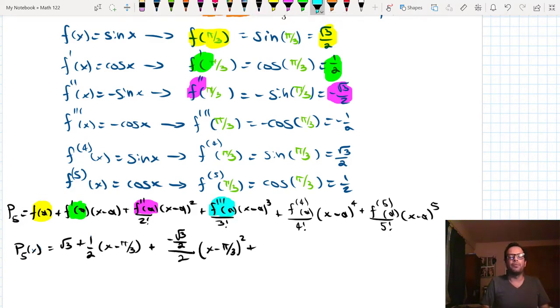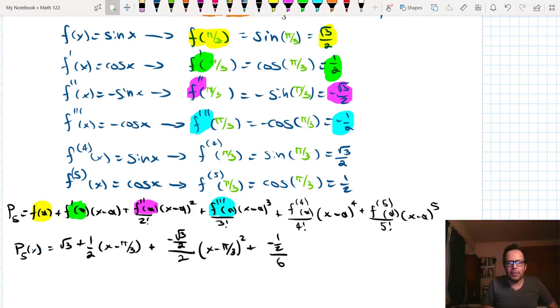Okay, so blue for the third derivative. Evaluated, we get negative 1/2 divided by the quantity 3 factorial, which we said in the previous example was 6.